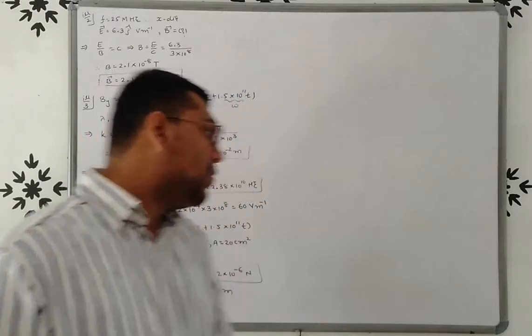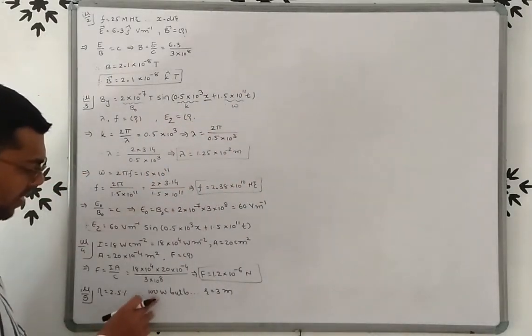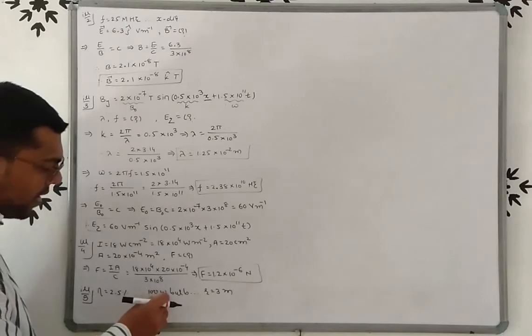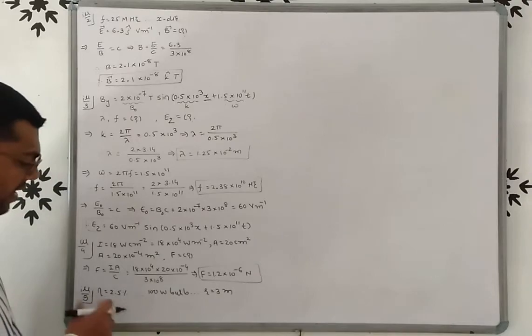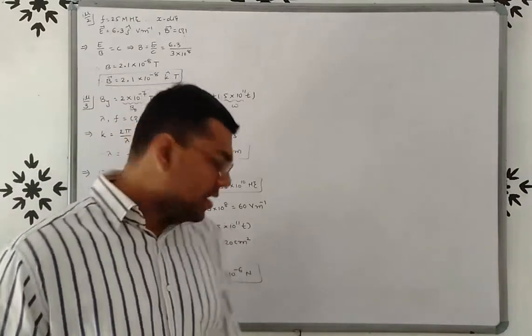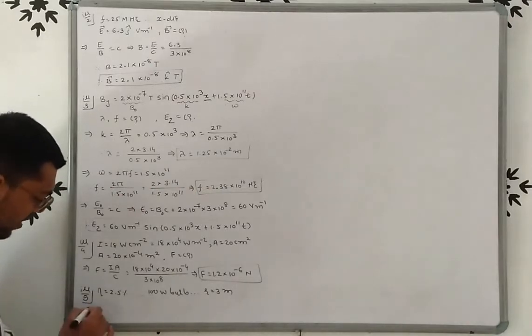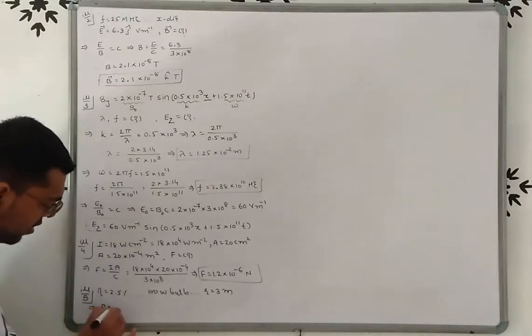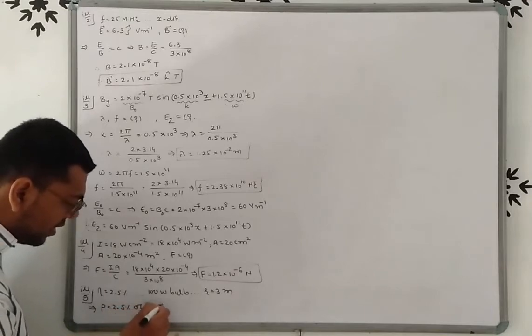Right? Now here the bulb has a power of 100 watt and an efficiency of 2.5%. So here the output power will be 2.5% of 100 watt, right?